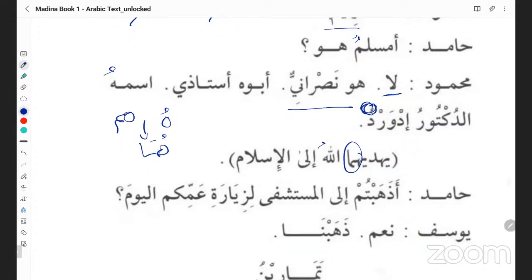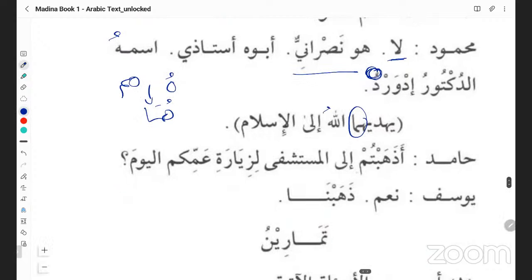Hamidun. أذهبتم إلى المستشفى لزيارة عمكم اليوم. أذهبتم, have you went? Again, speaking to three or more. The tum, أذهبتم إلى المستشفى, to the hospital. لزيارة, to visit عمكم, your paternal uncle. اليوم.